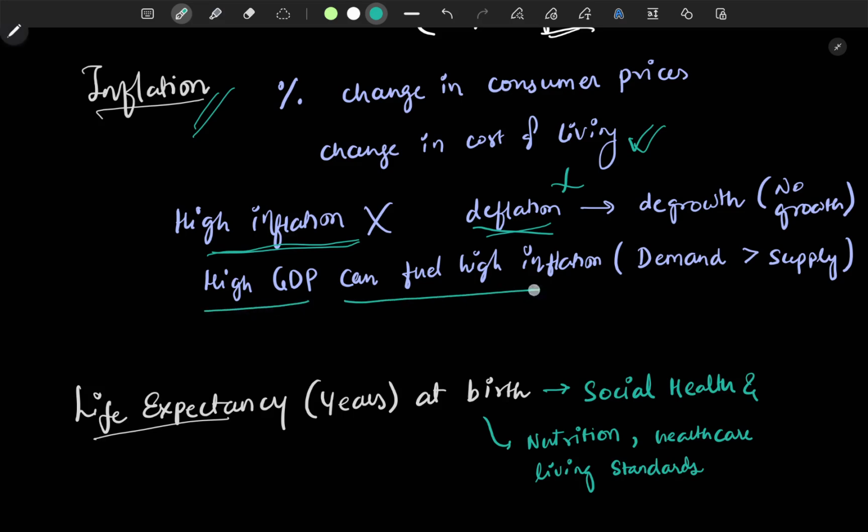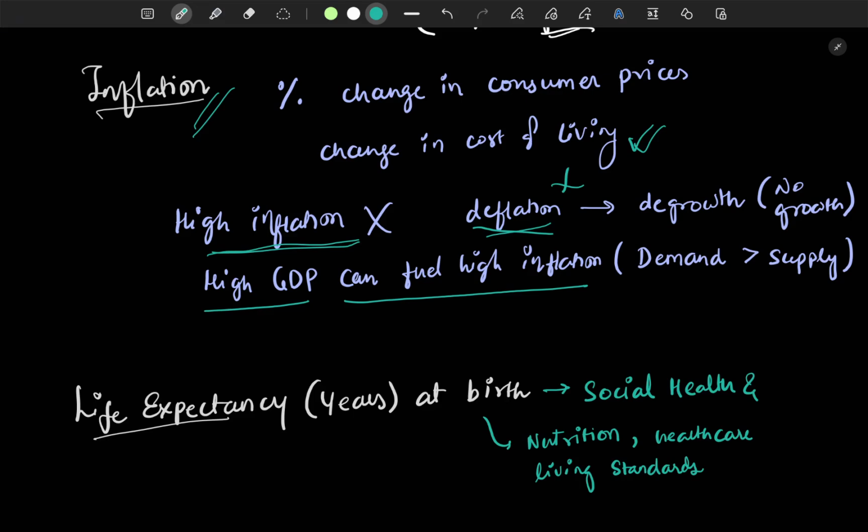High GDP can fuel high inflation, meaning the average income of everyone in the country is increasing. For example, the youth in India have gotten very good opportunities. They are getting very good salaries, they have opportunities for investing, and they are really buying things.